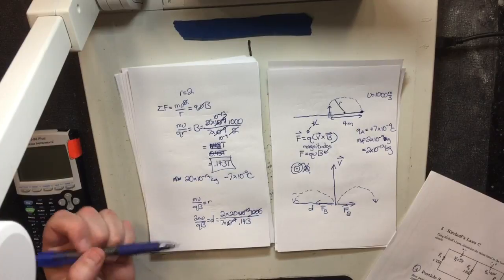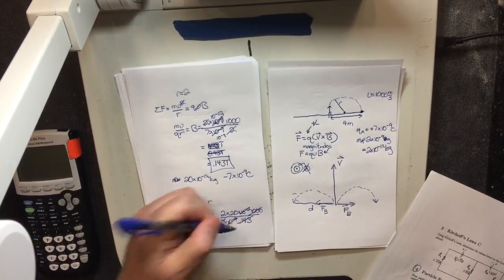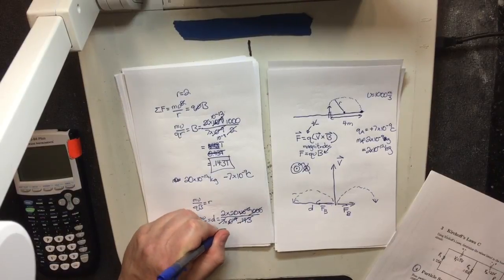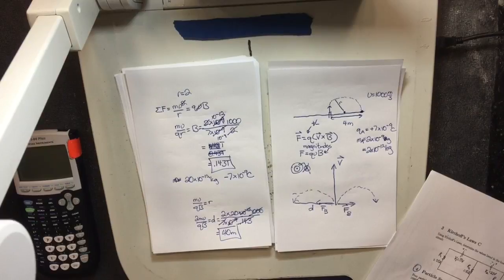That numerator 7 cancels with that denominator 7. So those go away, and I'm left with 40 meters. And I think that's the answer for that. And then you lather, rinse, repeat on C and D.